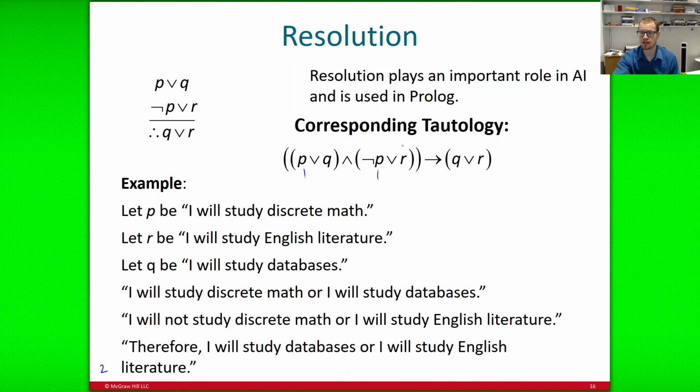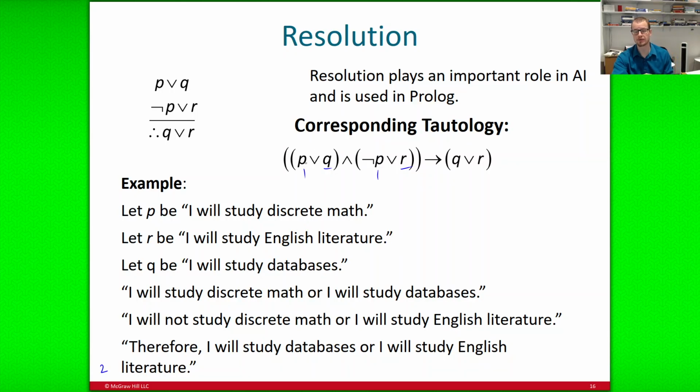If P is true, then not P is false. If P is false, then not P is true. So if we assume that P is true, then not P is false, and we have that R must be true. If P is false, then Q is true, so I have that Q must be true.